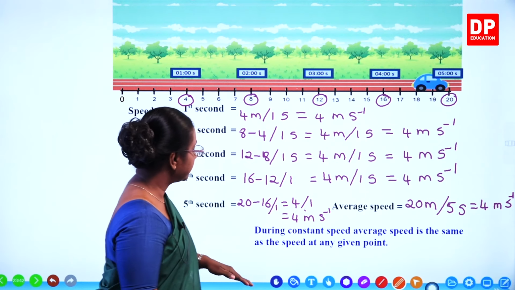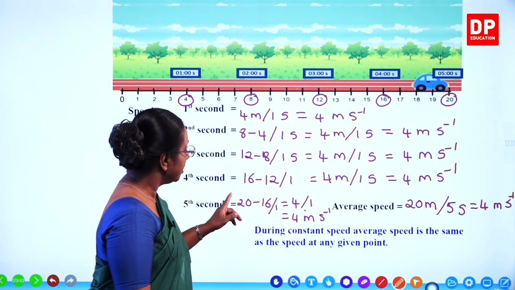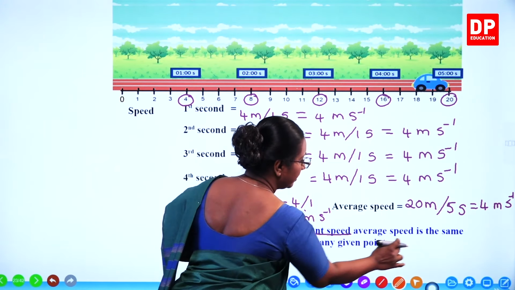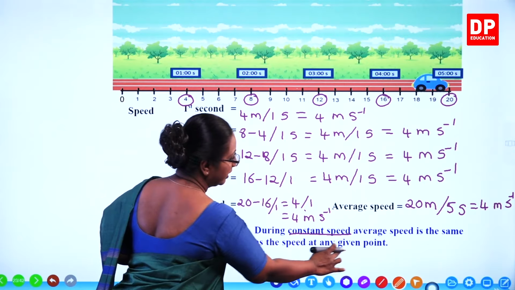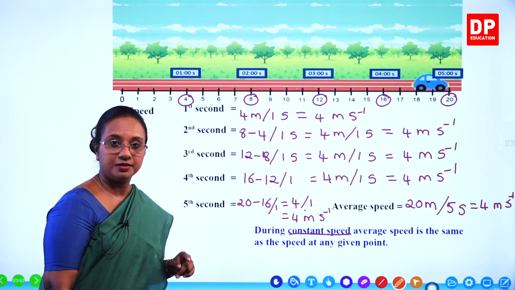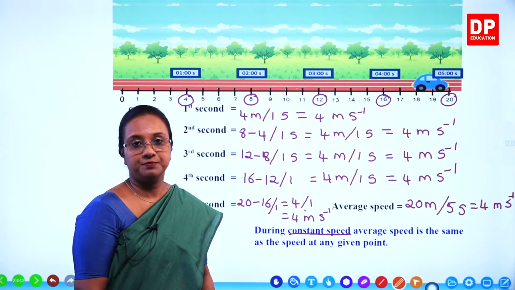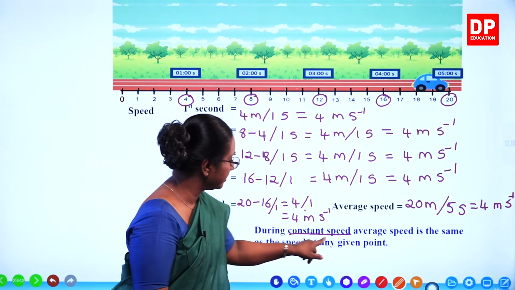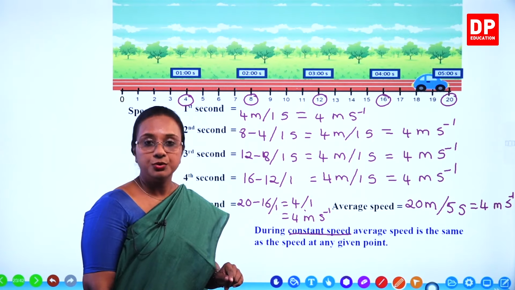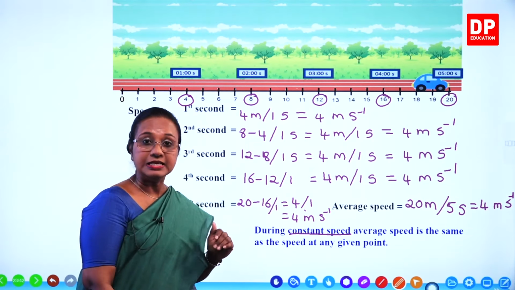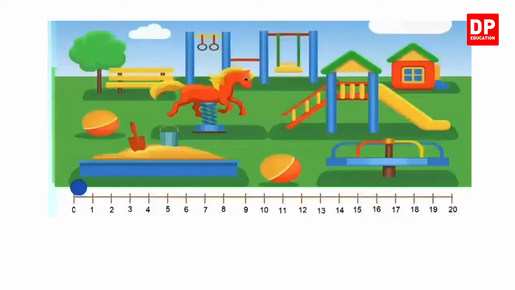So, from this we can conclude during constant speed, average speed is the same as the speed at any given point. So, all the values are the same. That is when it is a constant or uniform speed. We will go on to the next instance.